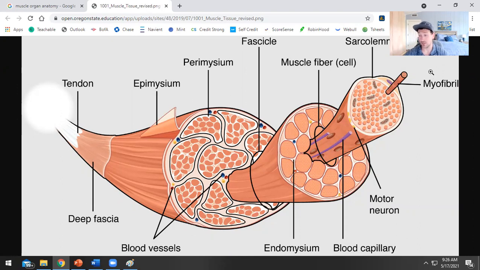And that's what actually makes up your muscle. So this arrangement and having all of these actin and myosin proteins make our muscle organs really good at contracting and relaxing. They're really good at shortening themselves and then lengthening themselves back to a resting position.